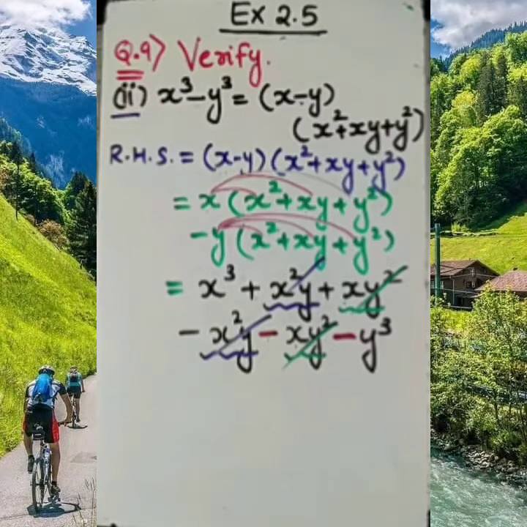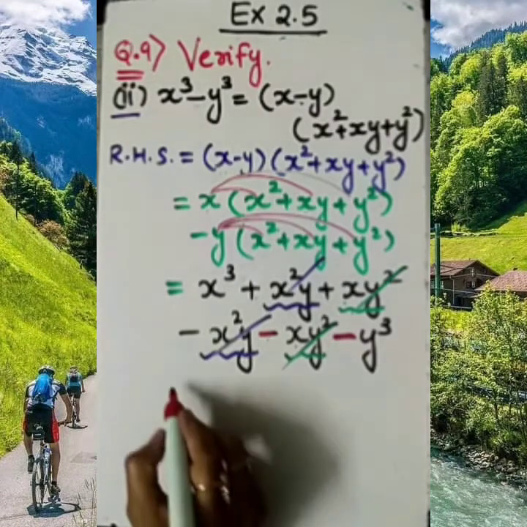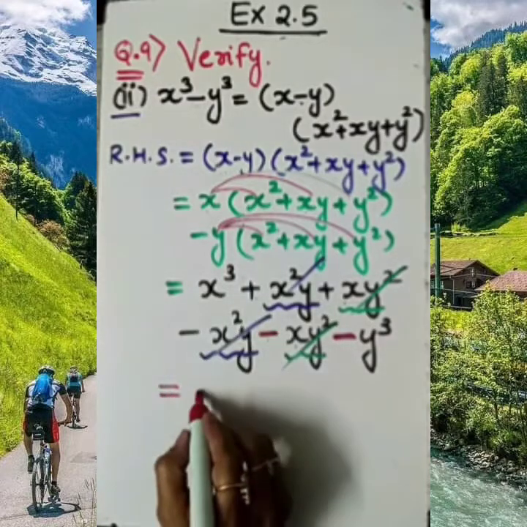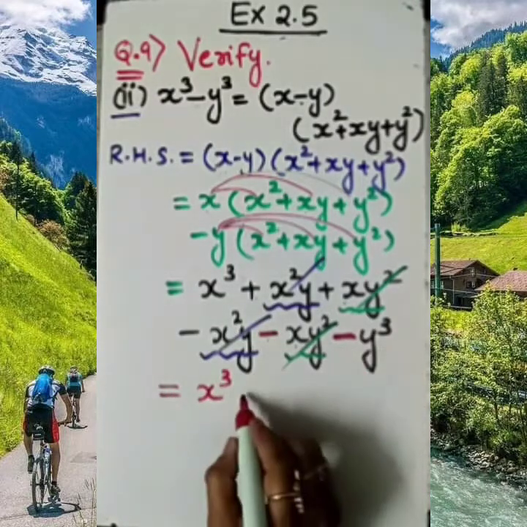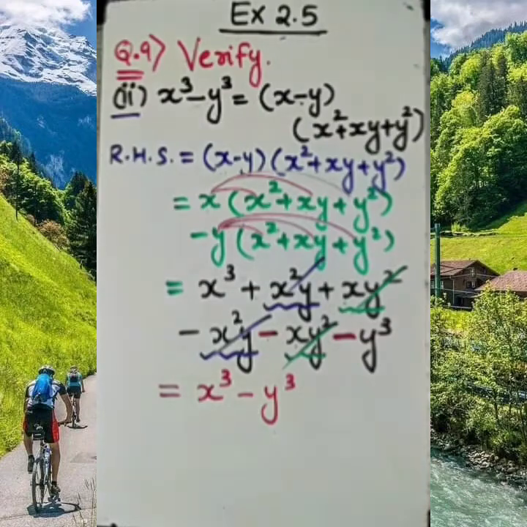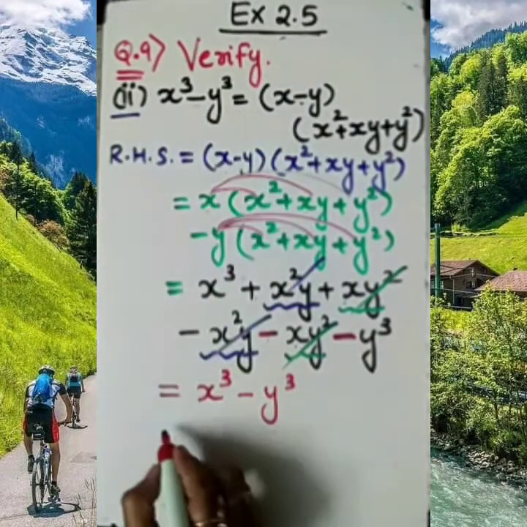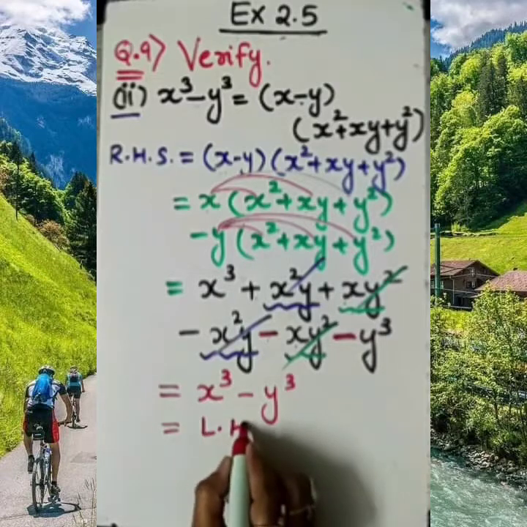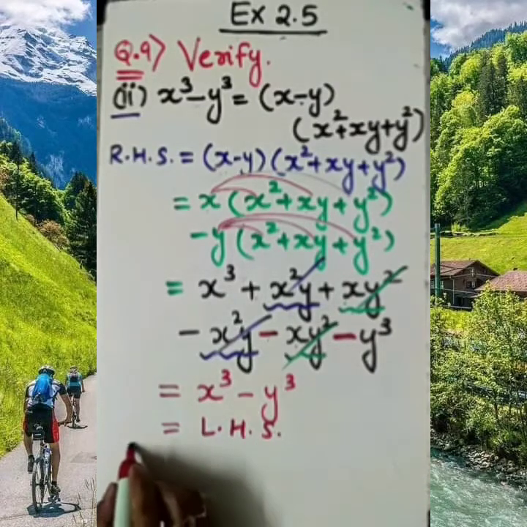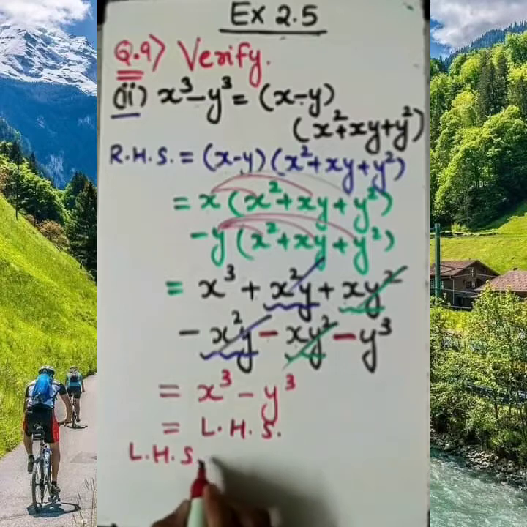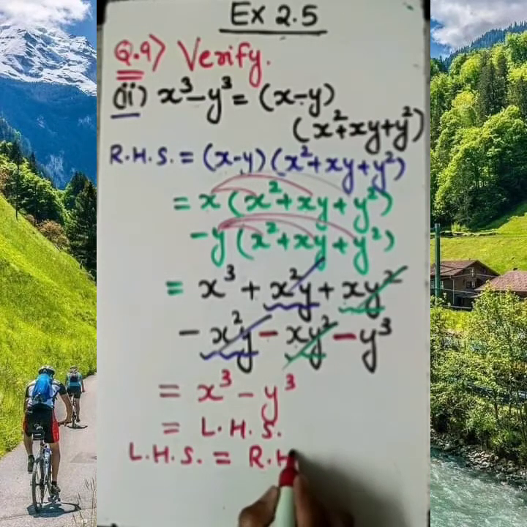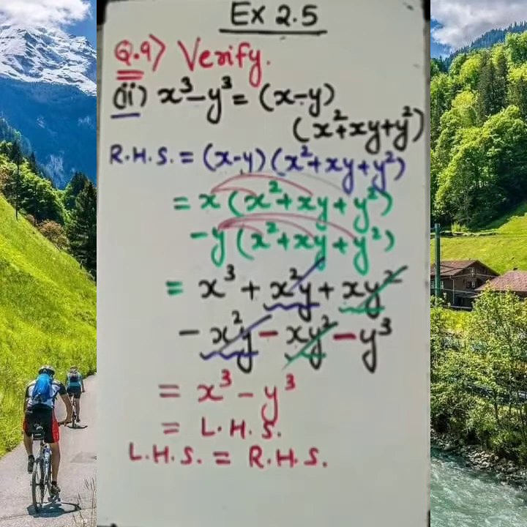Now what is left with us? Finally, the leftover terms are x cube minus y cube. These two terms only are left. And if we compare with our left hand side, it is similar. So dear student, we can say here LHS equal to RHS according to the given question. That's why we can say hence verified.